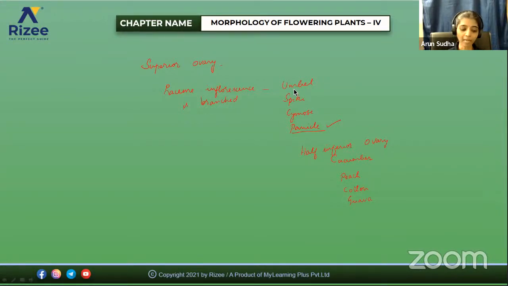Okay. The flowers are zygomorphic in mustard, gulmohar, tomato, and datura.